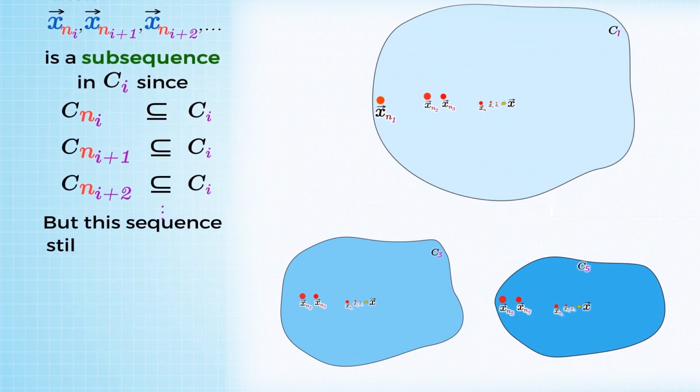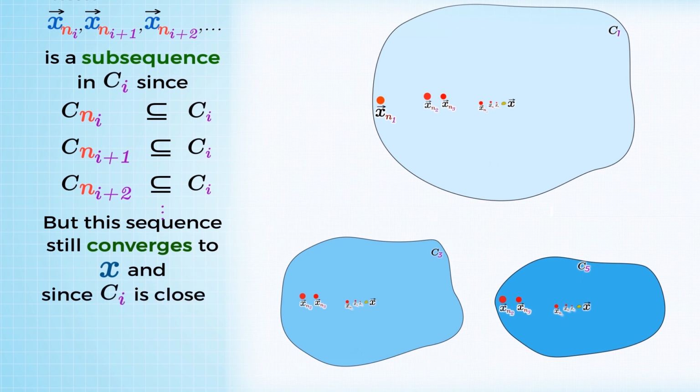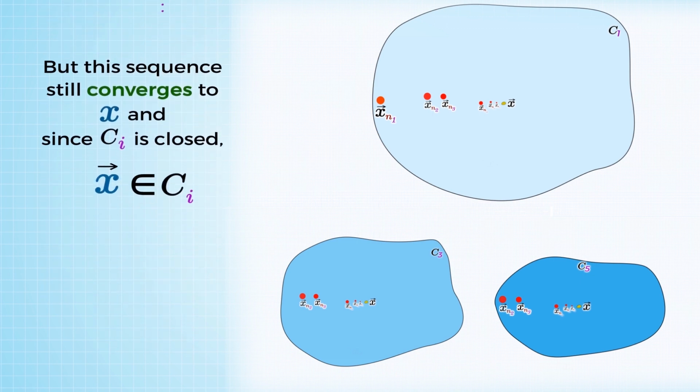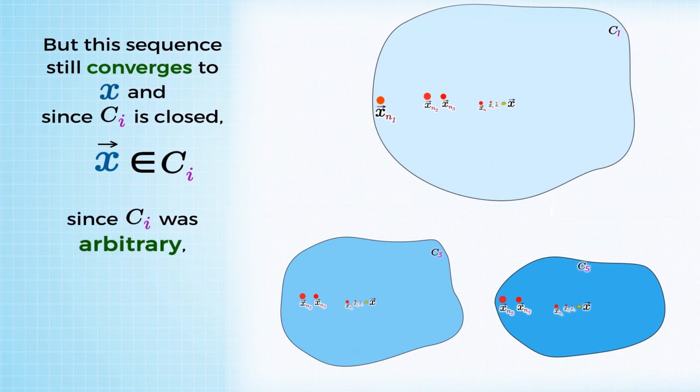But this sequence still converges to x, and since C_i is closed, x is in C_i. Since C_i was arbitrary, x is contained in the intersection of all these C_i's.